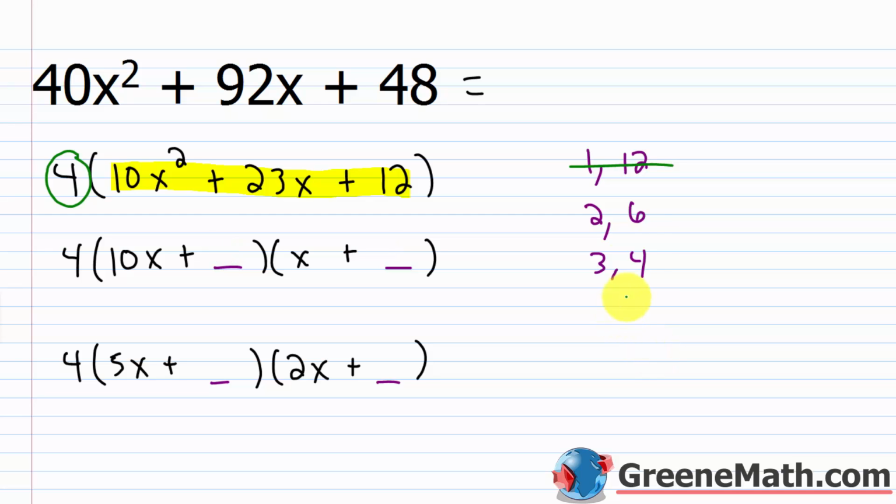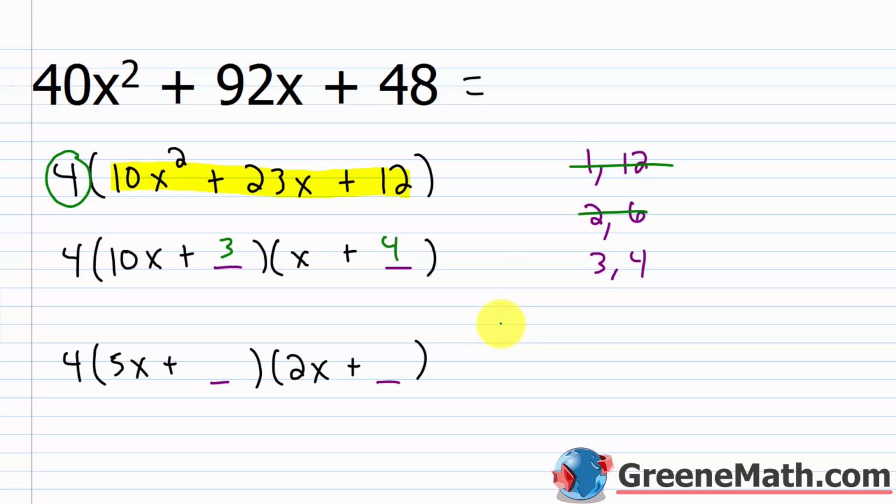So the next thing you would try is 2 and 6, but for the same reason I just listed, it's not possible. If you put a 2 here, you've got a common factor of 2. If you put a 6 here, you've got a common factor of 2. So you can go ahead and cross that off the list. So you really just need to try 3 and 4. You can't put a 4 here because you'd have a common factor of 2. So the only possibility left is a 3 here and a 4 here.